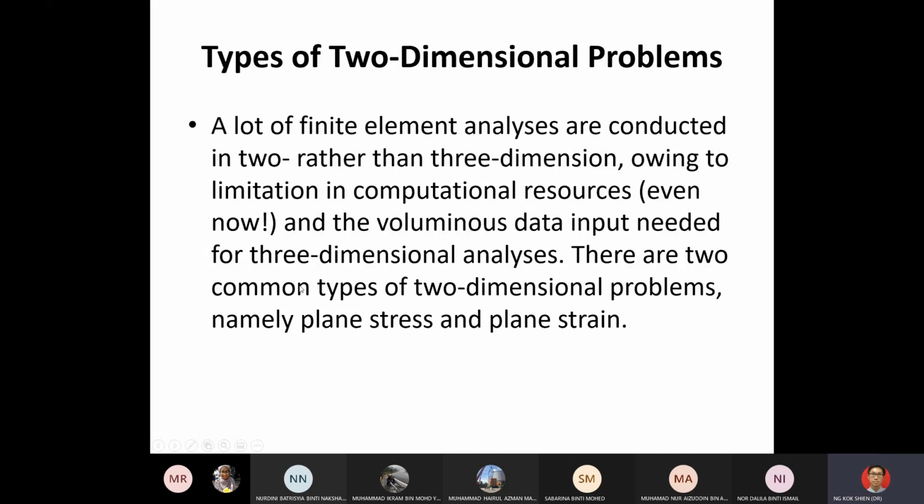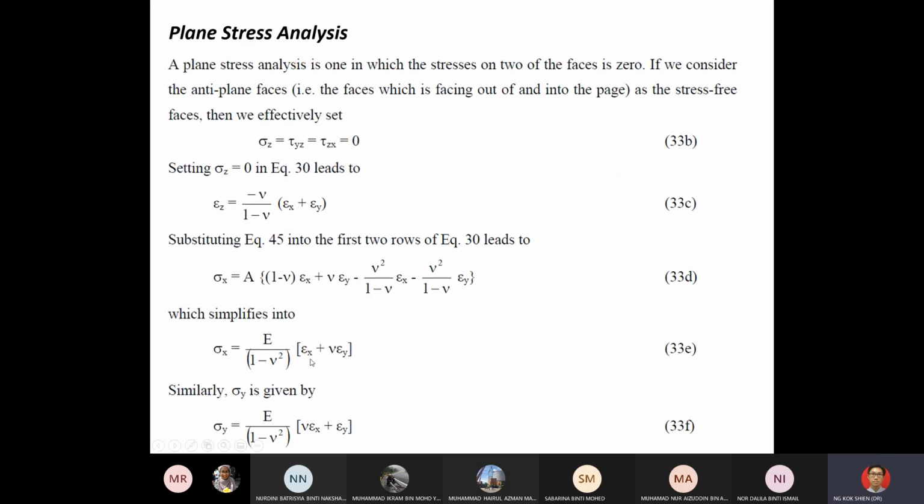But another one is called plane stress. Plane stress analysis is normally for very thin structures, like a thin plate.